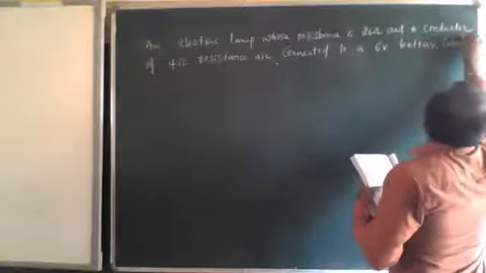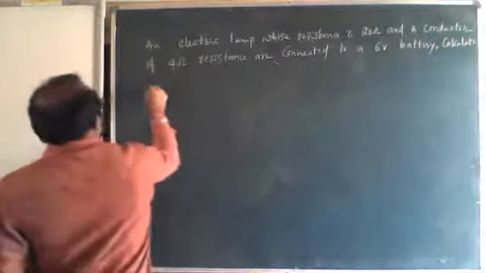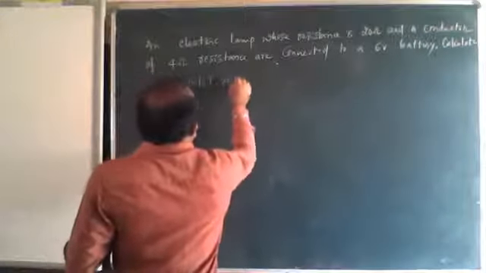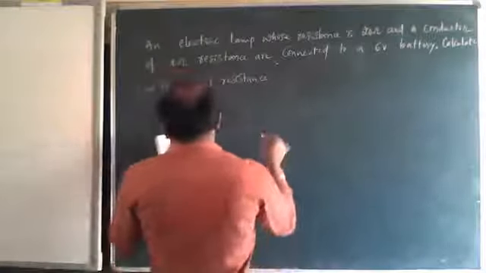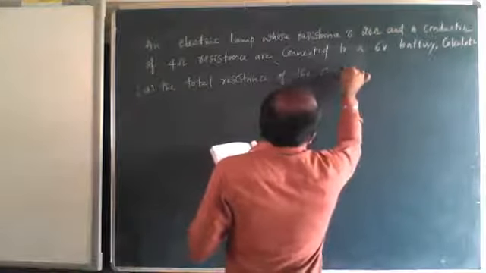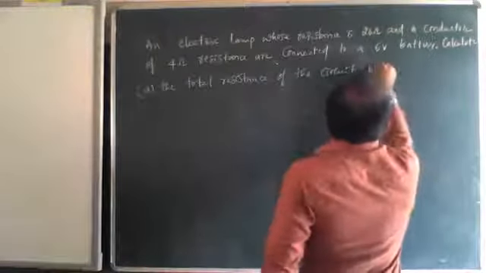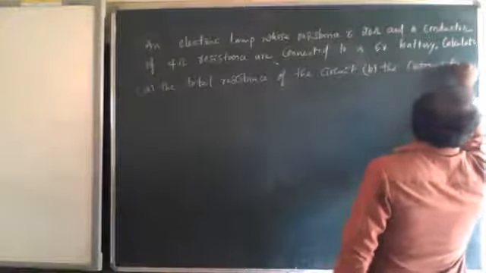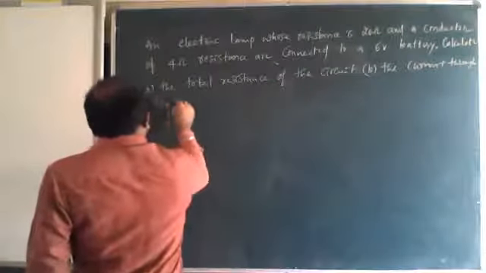Calculate: A, the total resistance of the circuit. B, the current through the circuit.